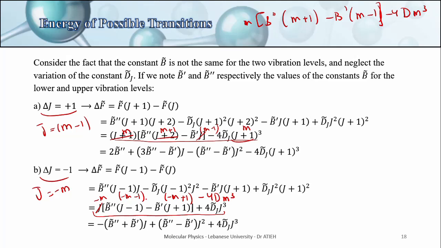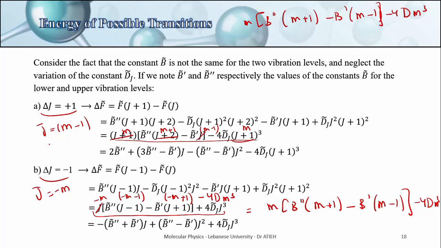So just multiply by the minus sign here, so you will get M B double prime M plus 1, and here the minus sign, bring it to the inside, you will get minus B prime M minus 1, close the bracket, minus 4D M cubed. And you can see that both formulas are the same.